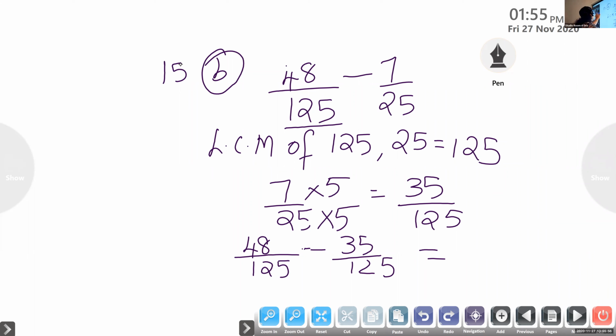You can see directly from the board. 48 minus 35. Yes, ma'am. 48 minus 35 is 13. 13 divided by 125 is the answer.